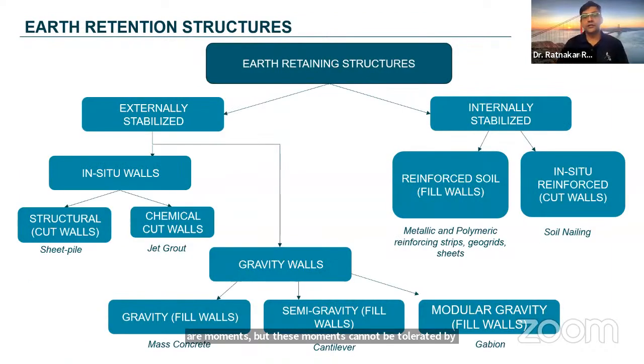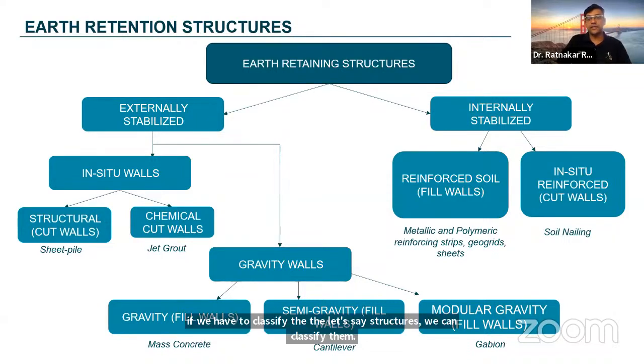If we have to classify the retaining structures, the first criterion is the load support mechanism, based on whether the earth retaining structure is stabilized externally or internally. Externally stabilized walls use an external structure that prevents the backfill from sliding or any other potential failure. One example is modular gravity walls like Gabion walls.